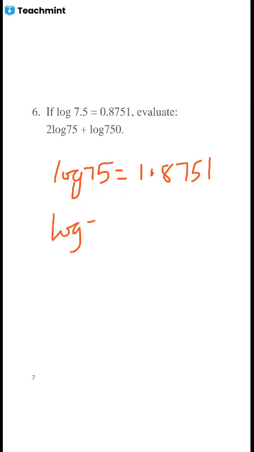Log 750, that is 3 digits before the decimal point, is going to be 2.8751. And the law says that we should multiply log 75 by 2. Then we add it to log 750.